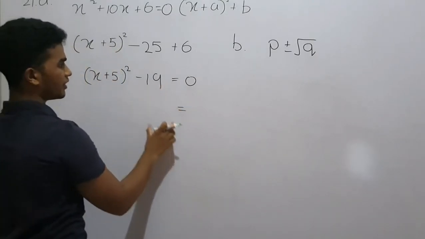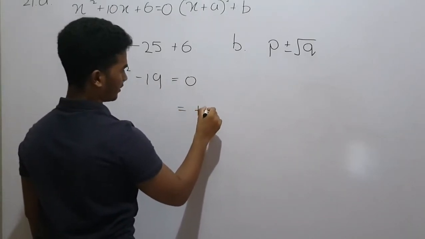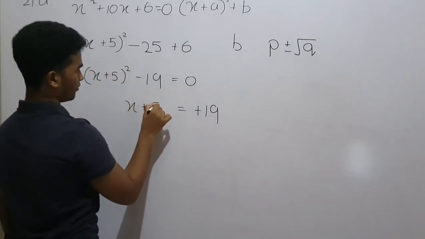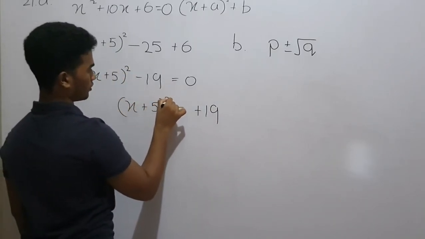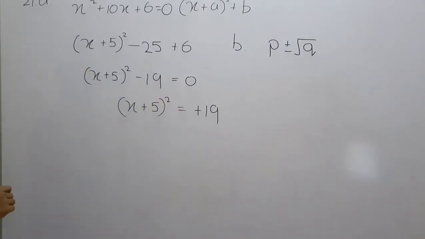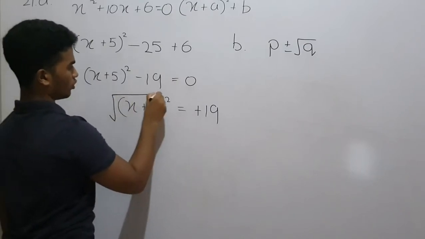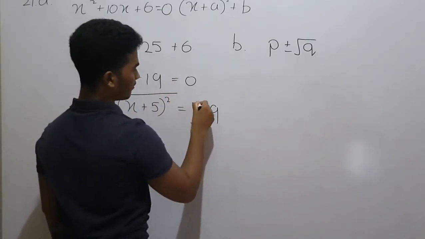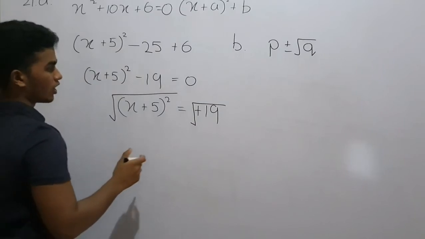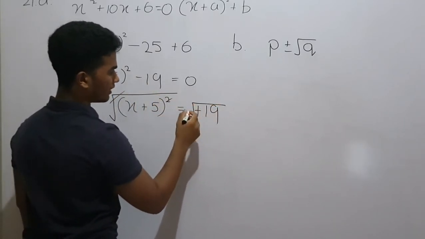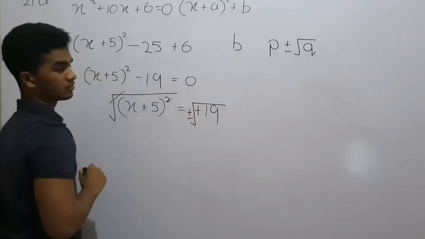So take minus 19 to this side, it will become plus 19. So (x plus 5) whole thing squared equals 19. To remove this square, you should square root both the sides. Now keep in mind, when you square root, the square will be cancelled and the square root of 19 will get plus or minus.